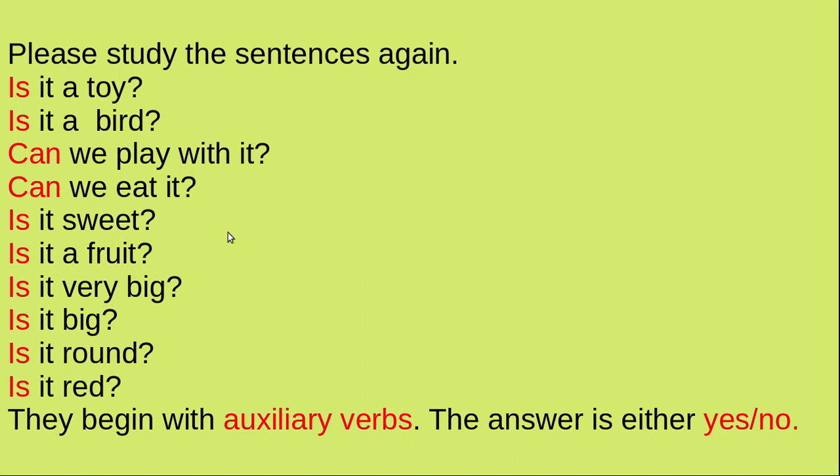Let us see it later. Okay, I think it is very clear. The ideas that we have discussed so far are what a yes or no question is and how we can identify it. In the beginning there will be an auxiliary and the answer will be either yes or no. No doubt. So these are yes or no questions.